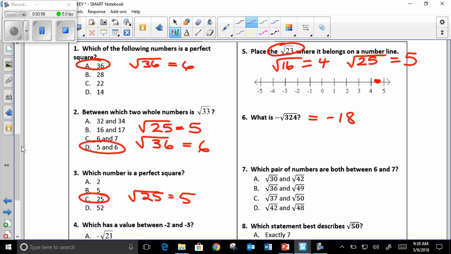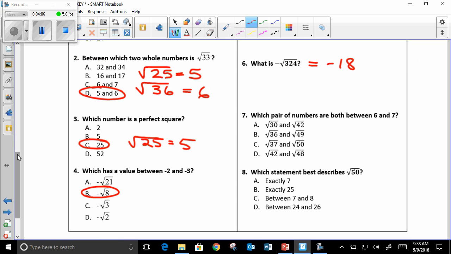Number 7, which pair of numbers are both between 6 and 7? D is correct. The square root of 36, or 6 squared, is 36.